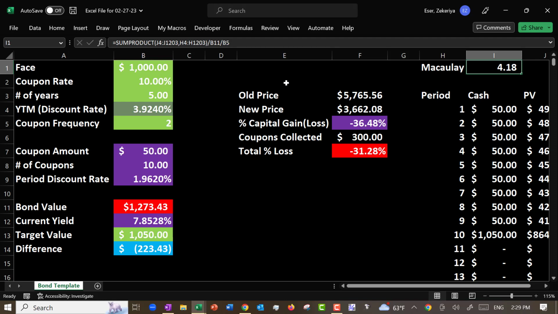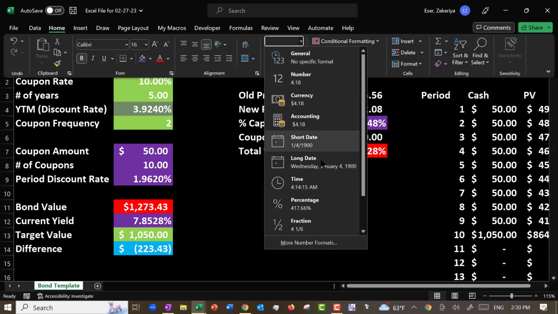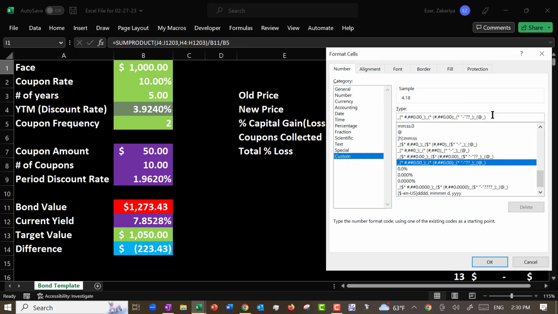And I can actually change the format of that. Pick custom. And I'm going to do this. Or just 2. That's 2 digits after the decimal. Or YRS.